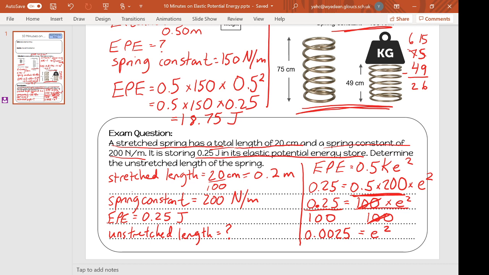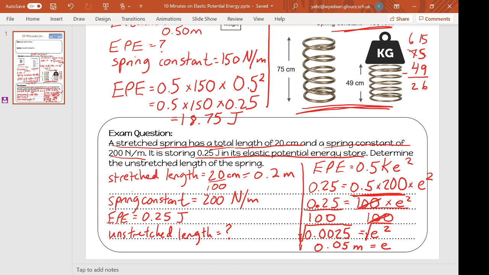In order to get just the E, I have to do the opposite. Because it's E squared, to get rid of the squared, I can square root it. And anything I do on one side, I have to do on the other. So my final answer is going to be 0.0025 square rooted, and that is 0.05 meters is equal to my extension.